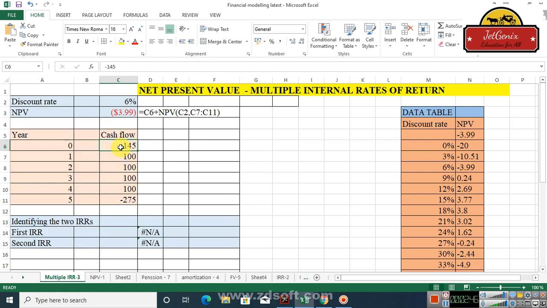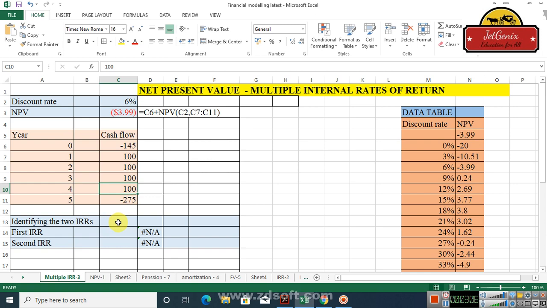Like in this one we have a negative sign that changes to positive, one change, and here you see again it changed to negative. So in this case we are going to calculate multiple IRR.